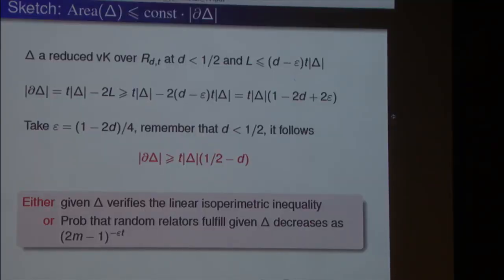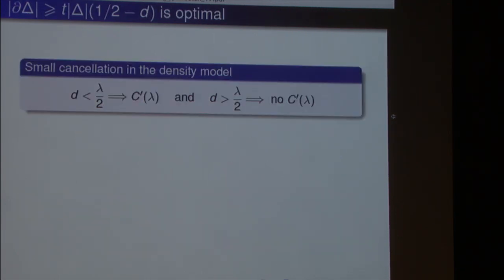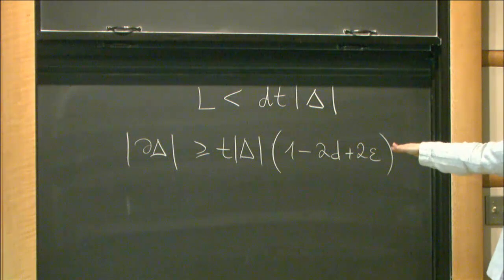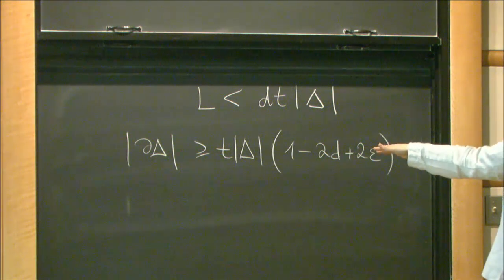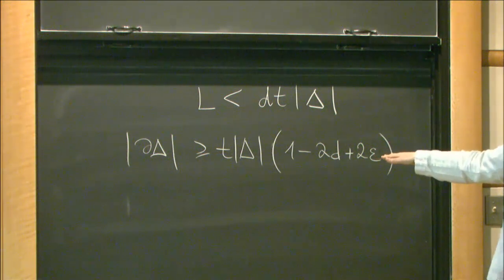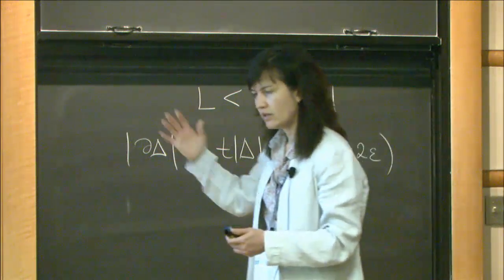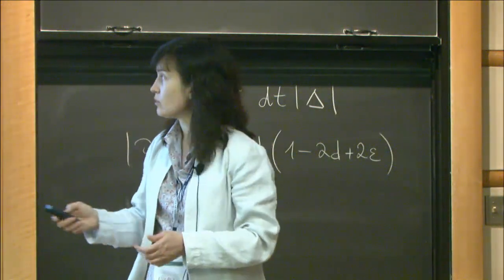So this is our situation, but remember, we started, okay, let us see. First, I'd like to make a remark that this linear isoperimetric inequality we get is actually optimal. We cannot do better in this model, the density model.